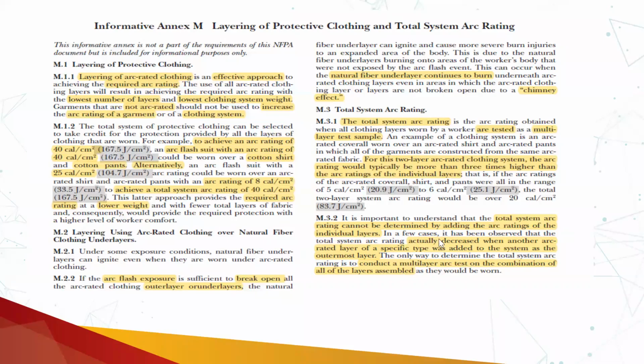Actually, in some cases it has been observed that the total system arc rating decreases when another arc rated material of a specific type was added to the system as the outermost layer. The only way to determine the total system arc rating is to conduct a multi-layer arc test on the combination of all the layers assembled as they would be worn. So this is how the total system arc rating works.